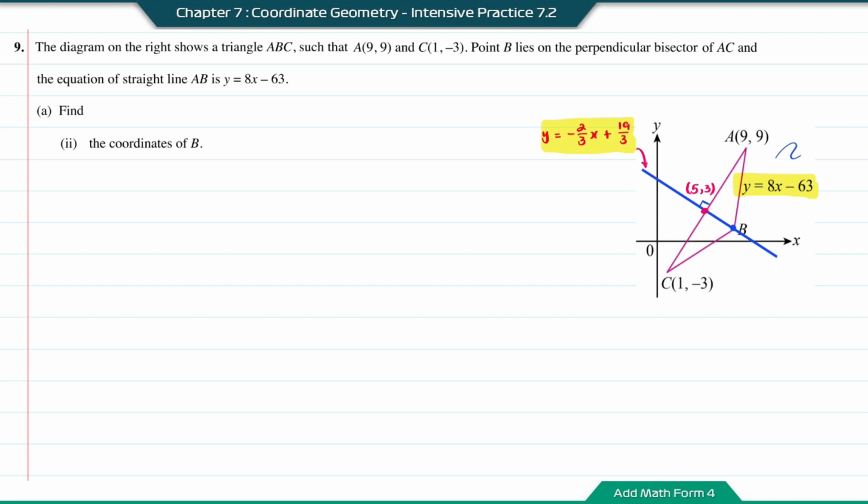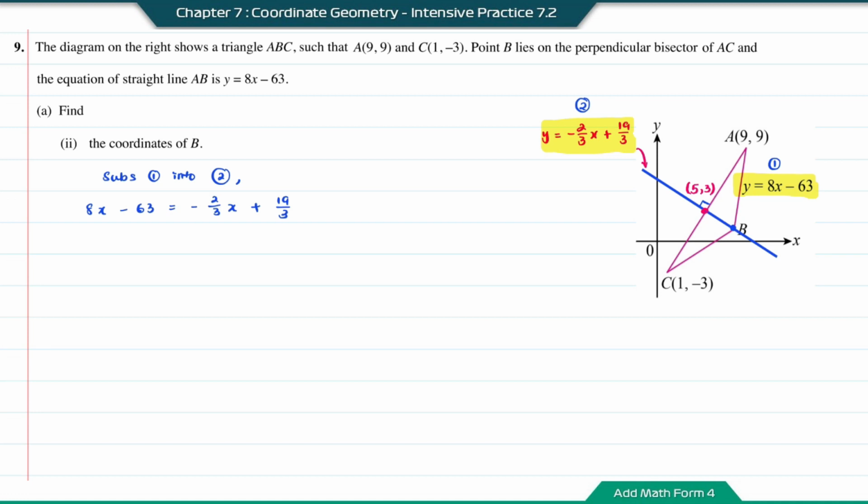Here I'm going to label the equation of AB as equation number 1 and the equation of the perpendicular bisector of AC as equation number 2. Next I'm going to substitute equation 1 into equation number 2. Then it will be 8x minus 63 equals negative 2 over 3x plus 19 over 3.